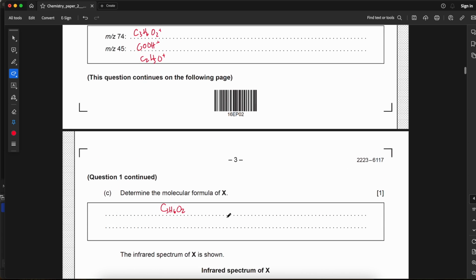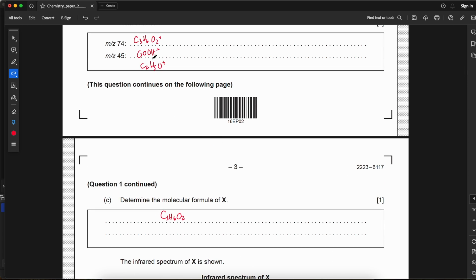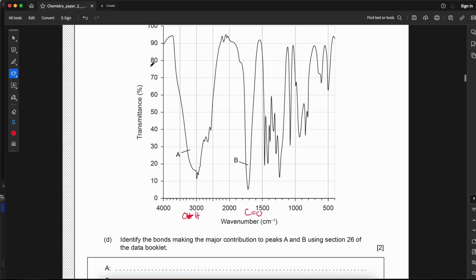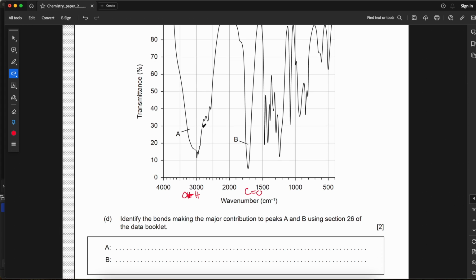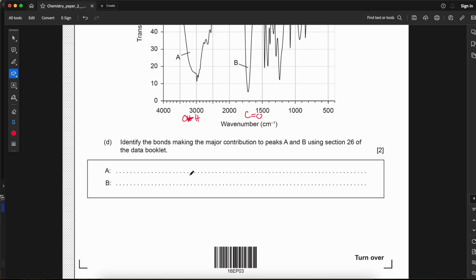As we know here, it has COOH, so therefore there is a hydroxyl group, and this is a carboxylic acid. It's very obvious. A carboxylic acid contains a carbonyl group, C double bond O, around 1700 to 1750, and the O-H goes up to 3000 when you refer to the data booklet section 26. So the answer is O-H and C double bond O.